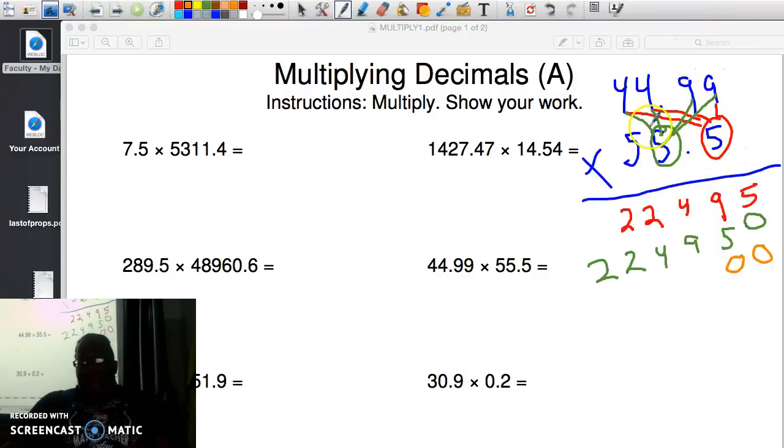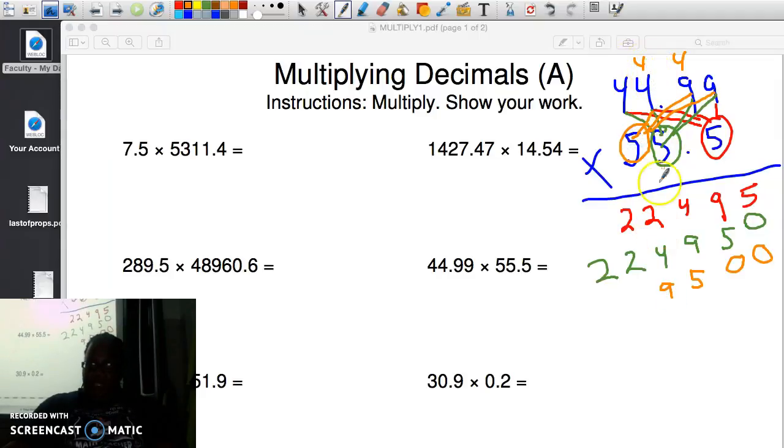And then, so I have this last 5. So, 9 times 5, another 45. Oops, I was about to do that backwards. 9 times another 5 again, 45 plus 4 is 49.